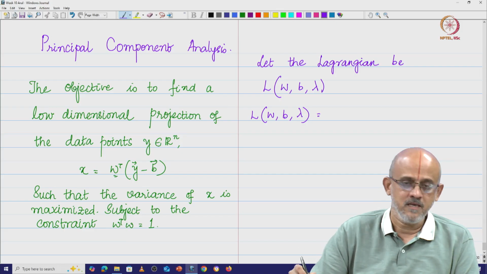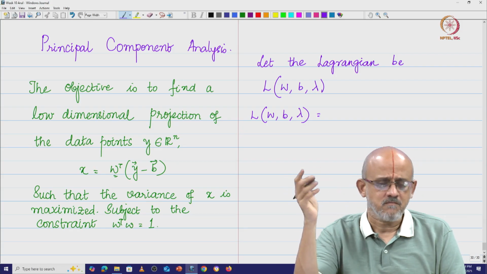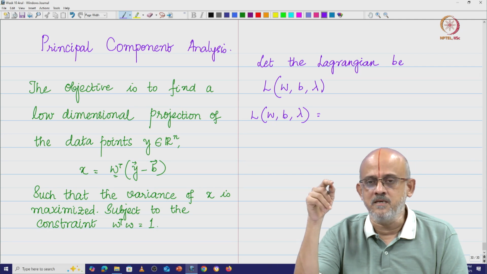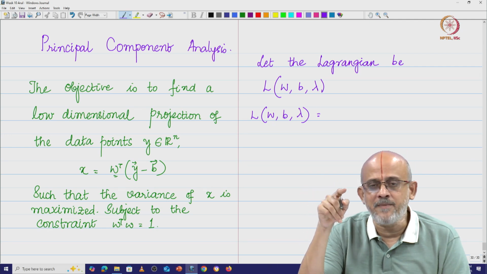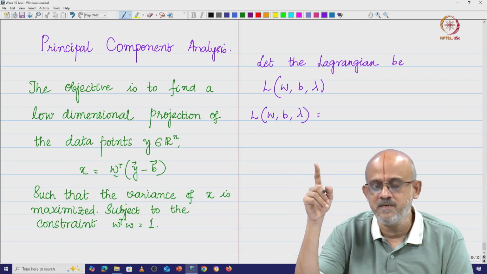I want to look at the variance. How do I compute the variance? From the statistical idea, we know that the variance is going to be the summation of x i minus x bar the whole squared. You remember this summation.